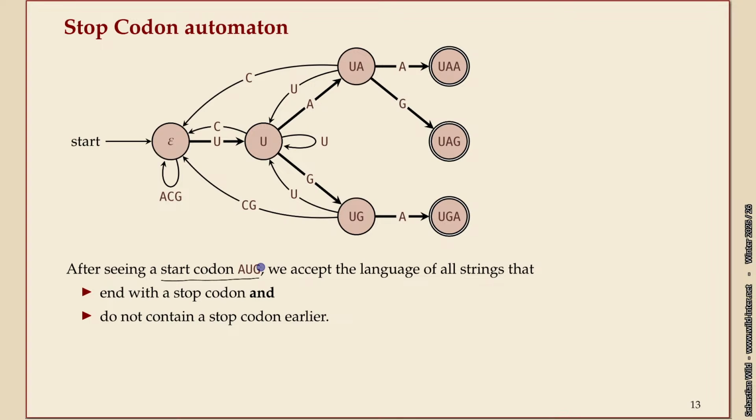So AUG doesn't occur in the automaton because we assume we start the game here once we've seen the start codon. We're only interested in the conditional number of characters you still have to read after seeing the start codon before you see the first stop codon. And that's the language that this automaton accepts.